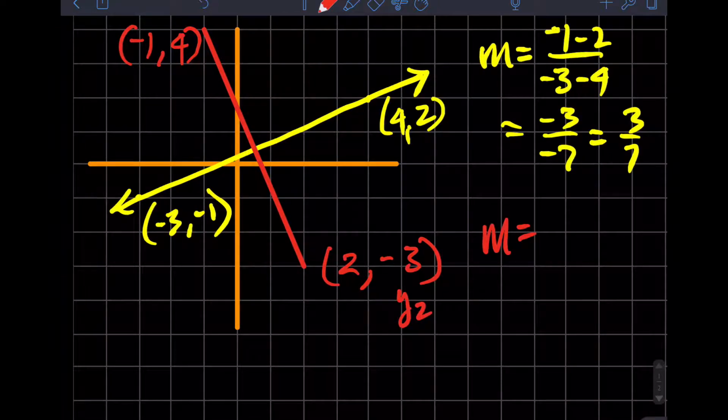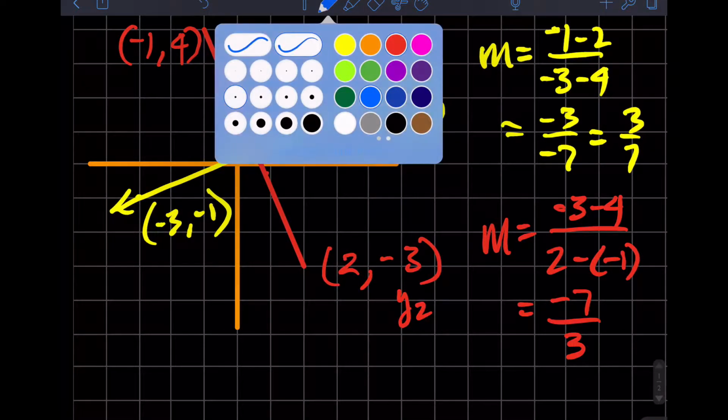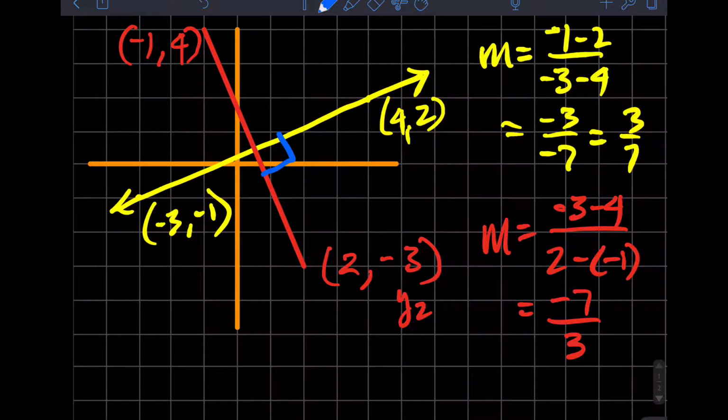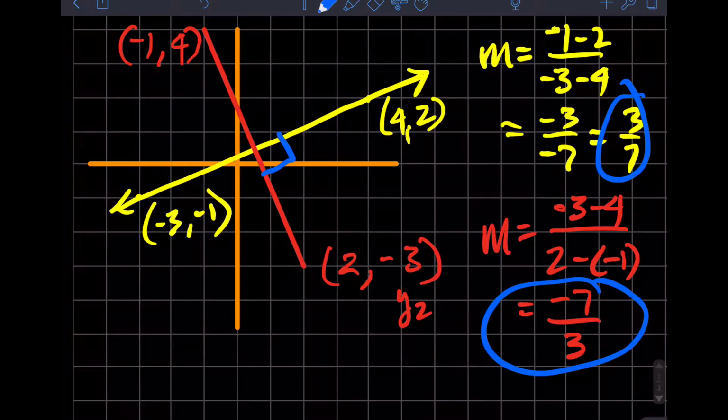Let's call this my y2. So I got -3 minus 4, and then 2 minus -1, and I get -7 over 3. And so notice this does in fact look perpendicular. I tried to draw it that way, and it has a slope that is the negative inverse of 3/7, or if you prefer, the opposite reciprocal. And it's because basically instead of going, how do I explain this?